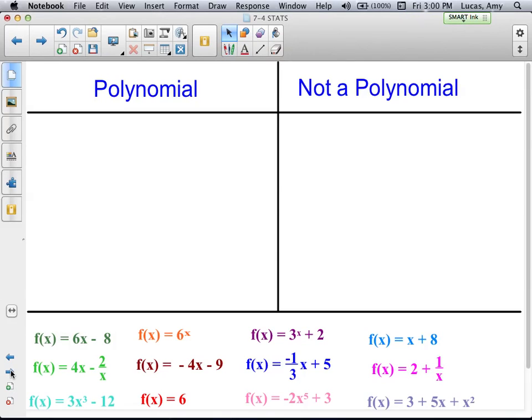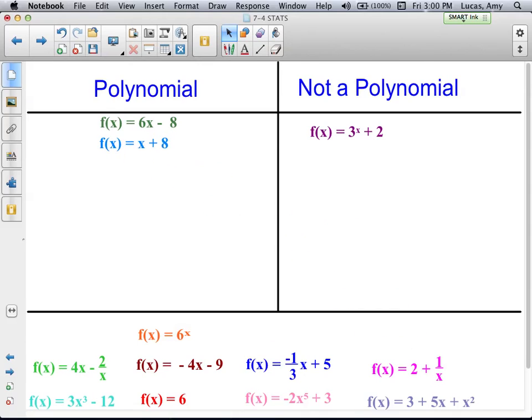This next slide is a click and drag. Polynomials, or they're not polynomials. So this first one is a polynomial, a binomial to be specific, because it has two terms. This next one is not a polynomial because it has a variable for the exponent.